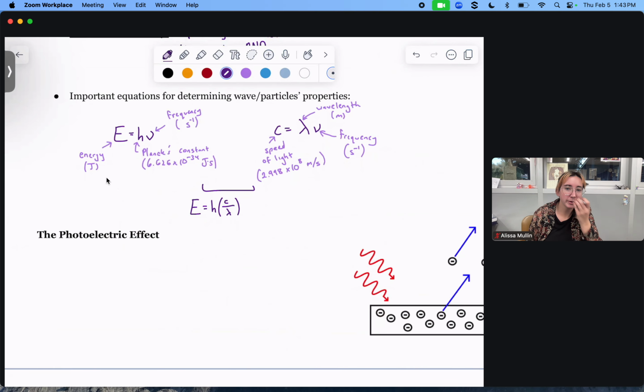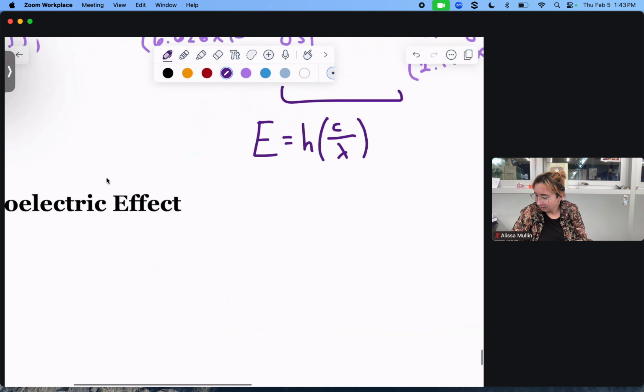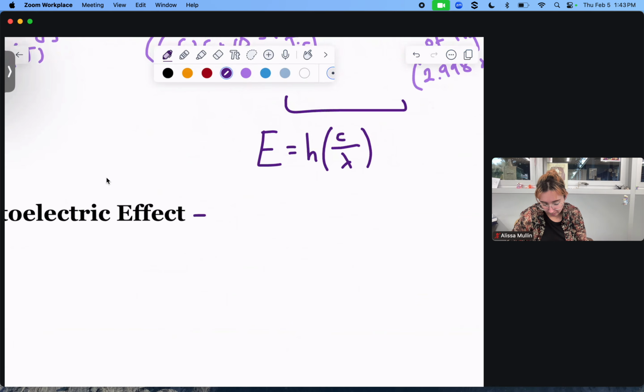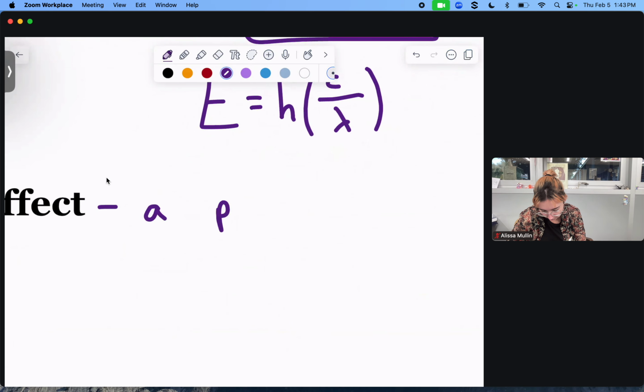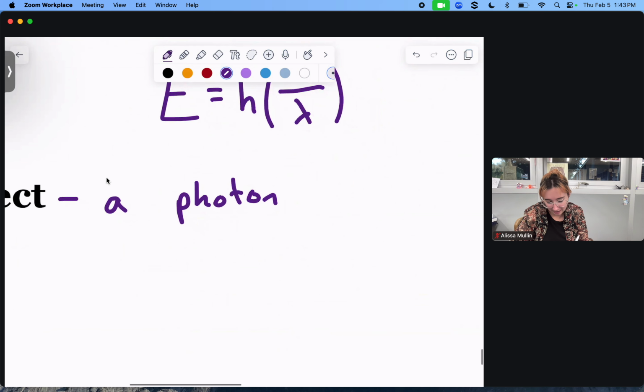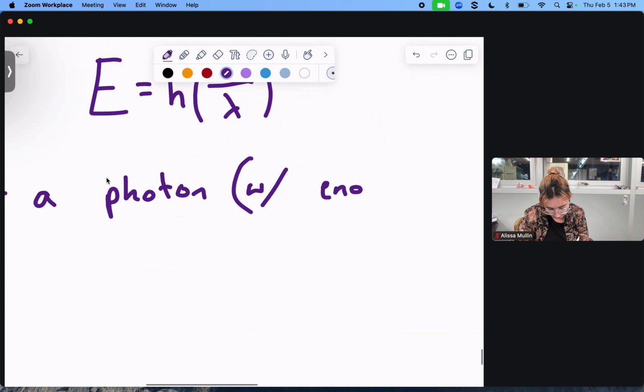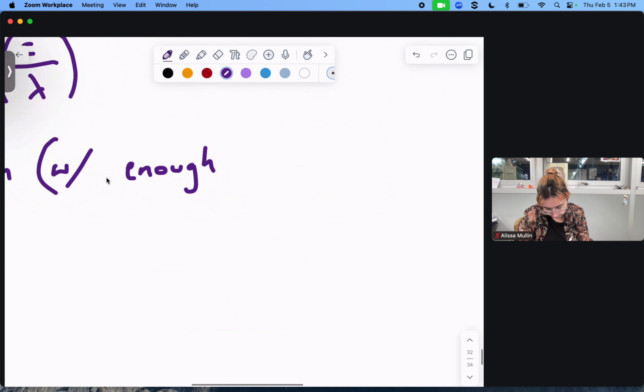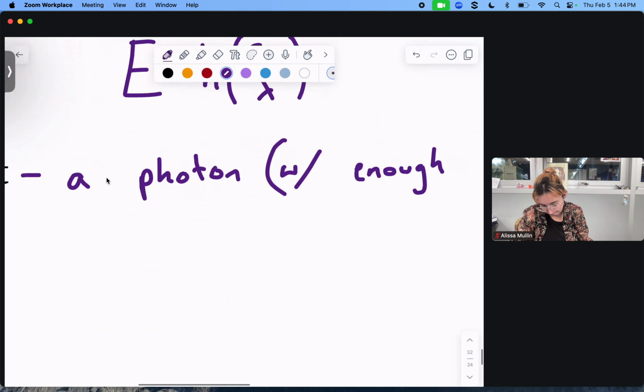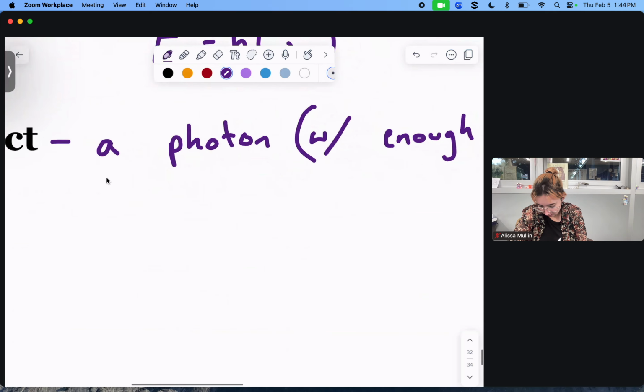Awesome. And then there's something called the photoelectric effect. You can think of it as closely related to ionization energy, basically. The photoelectric effect is when a photon has enough energy that it can actually remove an electron.